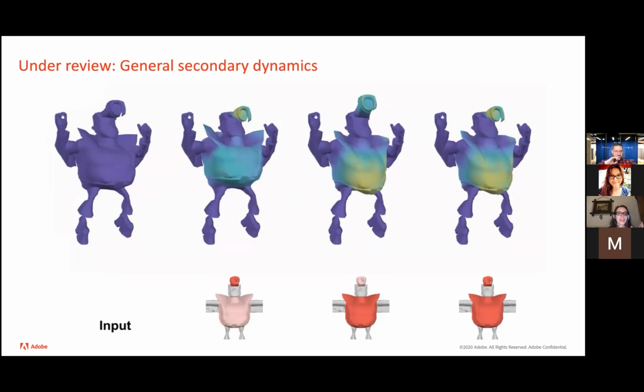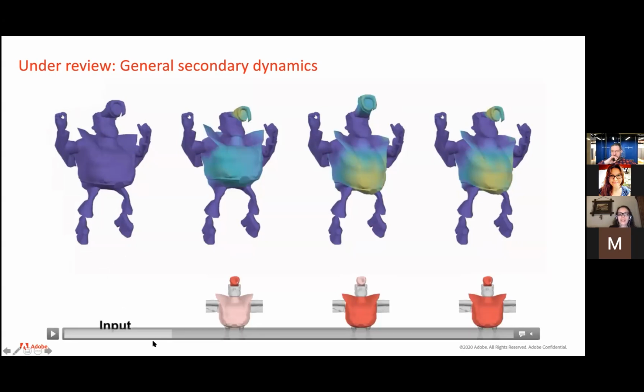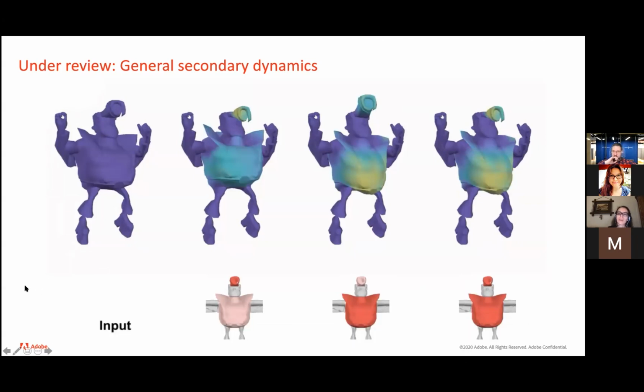So basically, starting from an input 3D mesh, which is animated by just skinning-based animation, the goal is to add these secondary dynamic effects. What you see in this image is at the bottom, you see the same mesh with some color coding. The darker the red is, it means we want the corresponding region in the mesh to be more, let's say, jiggly.